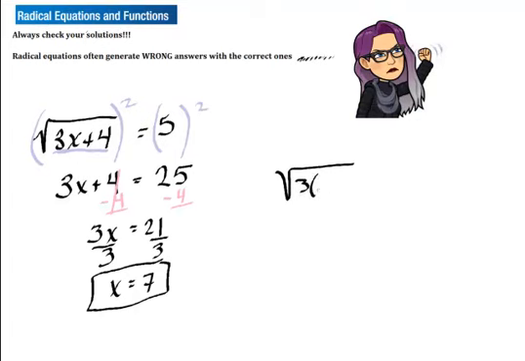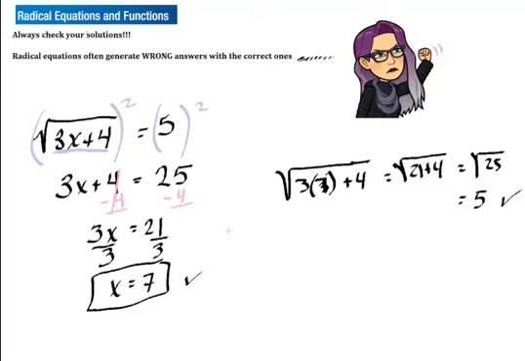Is 3 times 7 plus 4 equal to 5? Well, I don't know. Let's see. That's the square root of 21 plus 4. That's the square root of 25. Oh yeah, that equals 5. This is a good solution.